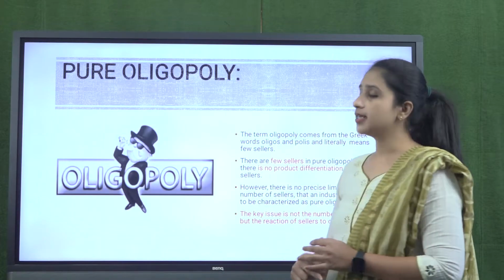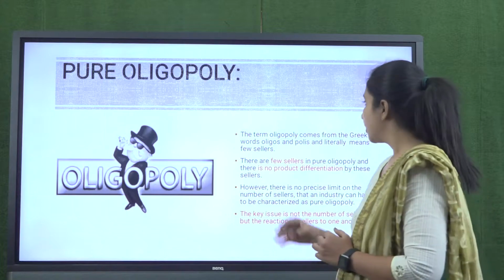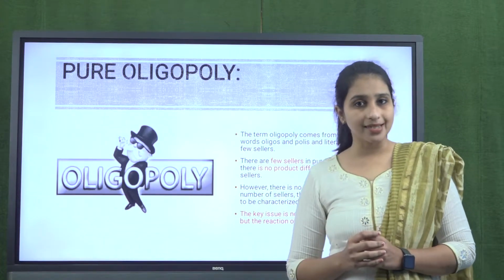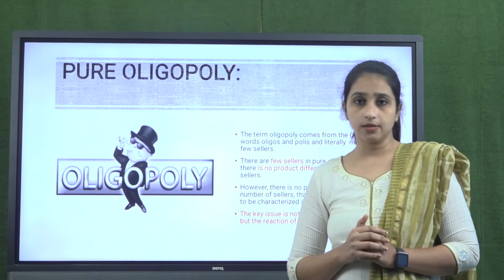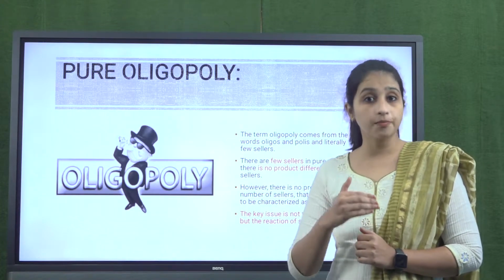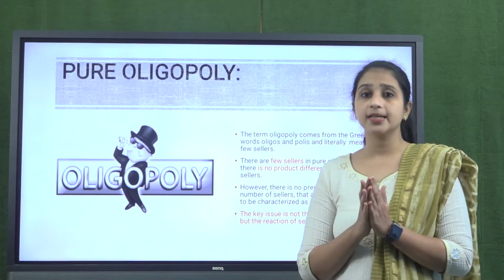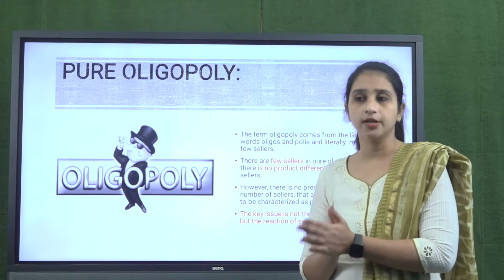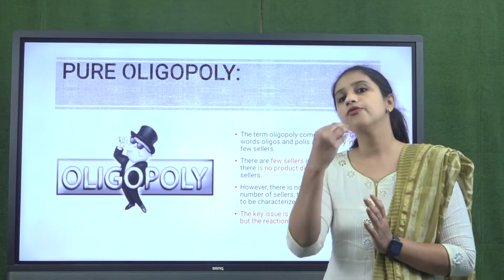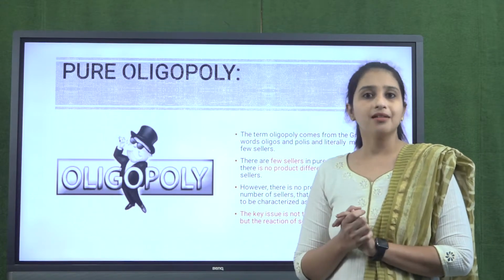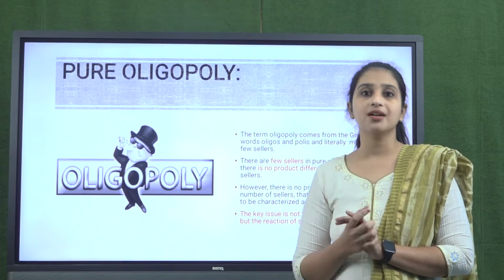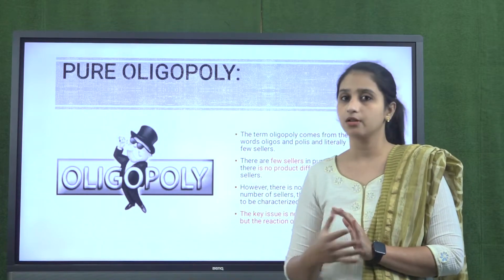Now the second one is pure oligopoly. In pure oligopoly, you may see there are few sellers. Again, the degree of product differentiation does not exist here. That means there is no product differentiation here. Now, when we are talking about few sellers, one question arises in our mind: few means how many sellers?